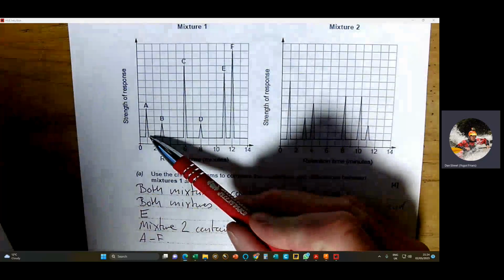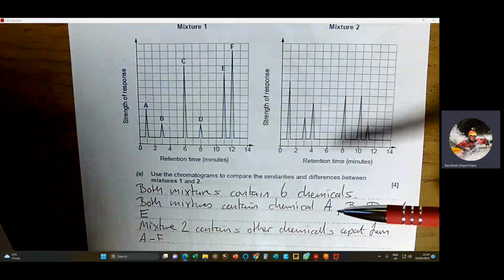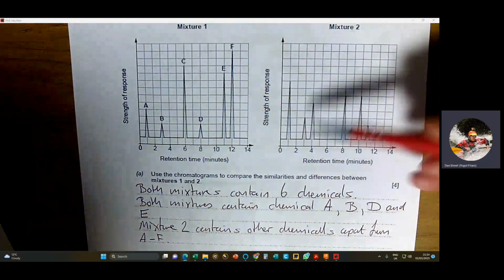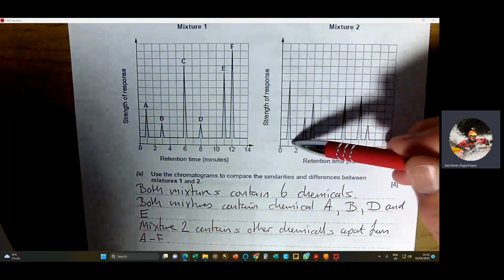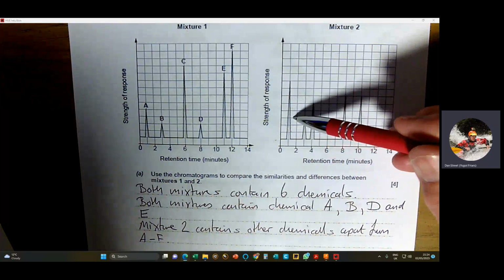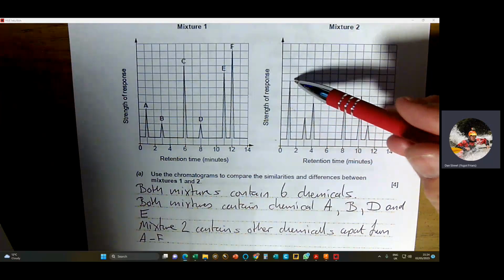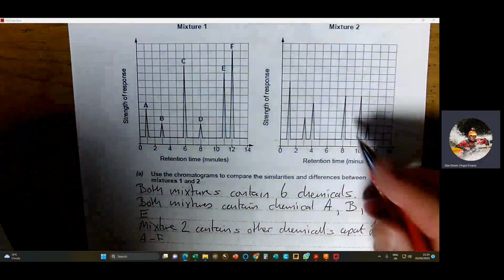For example A, in mixture 1 there is 1, 2, 3, 4 units of chemical A. In mixture 2 there is 1, 2, 3, 4, 5, 6, 7, 8. So there's twice as much of A in mixture 2.